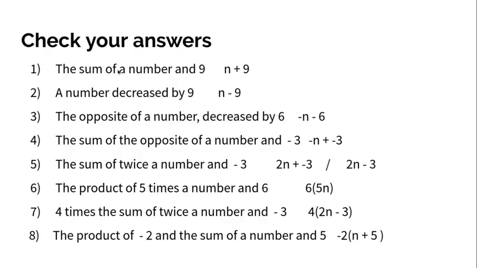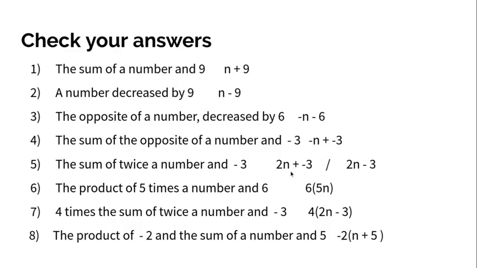Okay, so the sum of a number and 9, n plus 9. A number decreased by 9, n minus 9. The opposite of a number decreased by 6. The sum of the opposite of a number and -3 is going to be the sum of the opposite of a number minus 3.